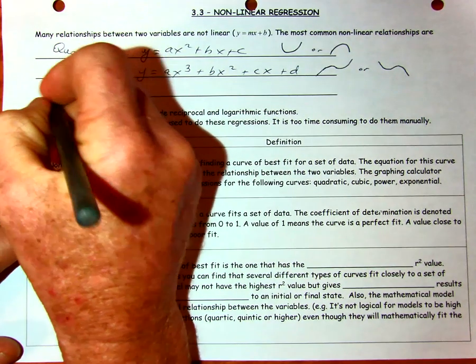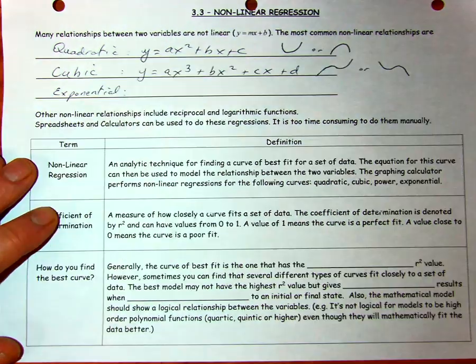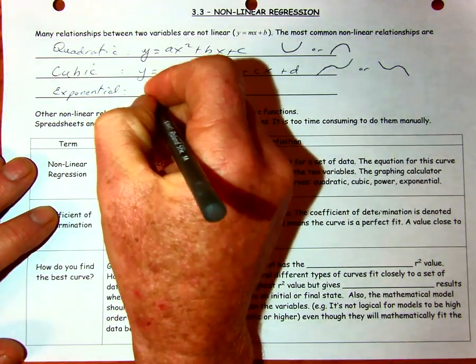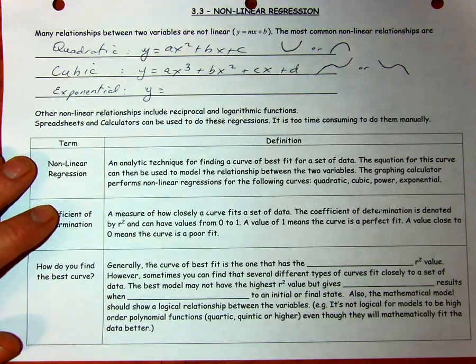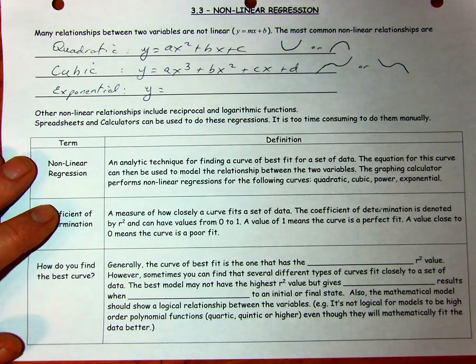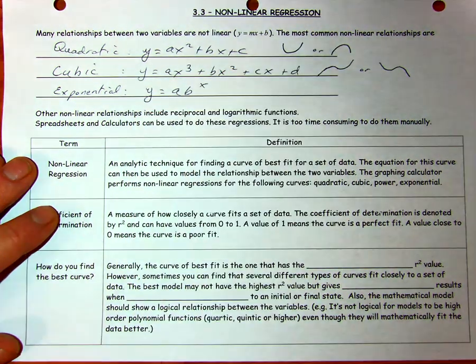All right, and another common one is exponential. It happens a lot. Someone want to give me the general equation? Oh, you guys are very shy today. All right, let's go with y equals ab to the x.